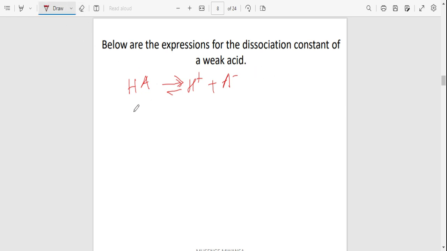So for the Ka, which is the acid dissociation constant, you simply get the concentration on the product side, that is H plus, and then multiplied by the concentration of A minus, and then you divide by the concentration of what is on the reactant side, HA. So this is the expression that gives us what we call the Ka. Okay.